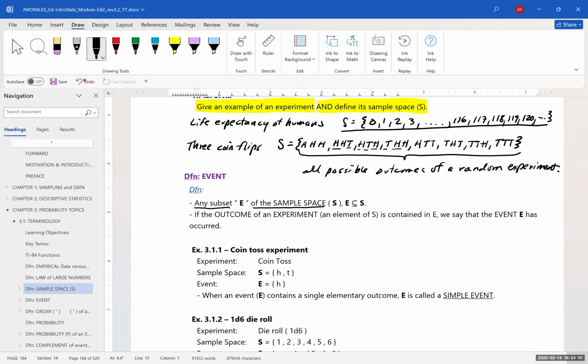We denote an event usually with a capital letter, and it doesn't always have to be E. I'm just using E because the word event starts with an E. But we could use any other letter of the alphabet to signify a particular event. And this symbol, which looks like a U on its side with a line underneath it, means subset.